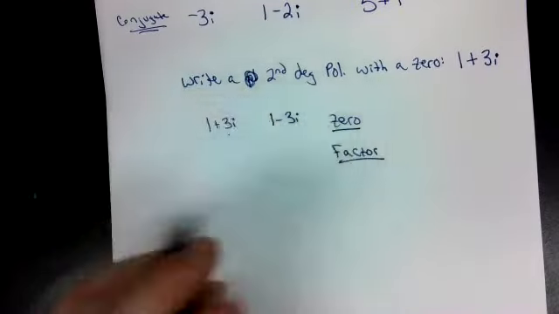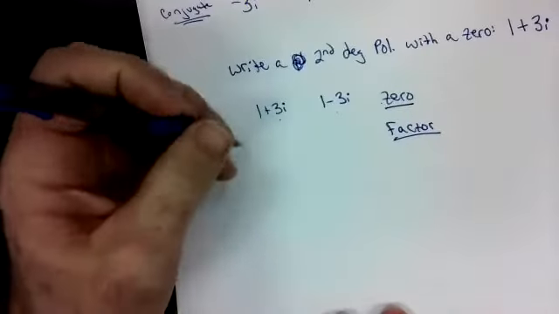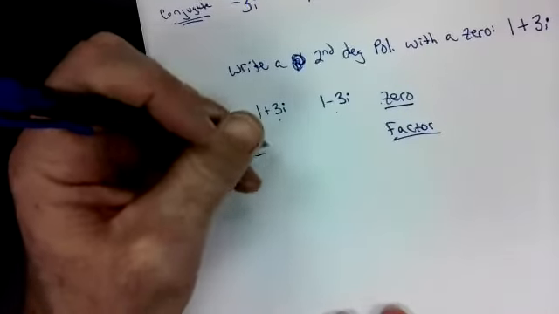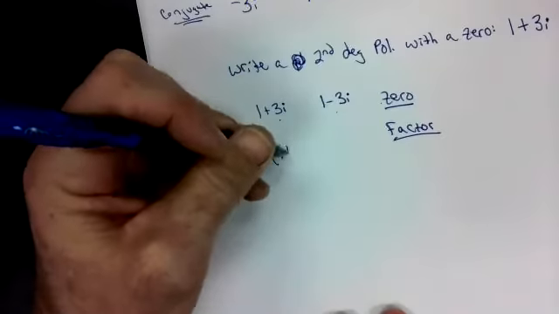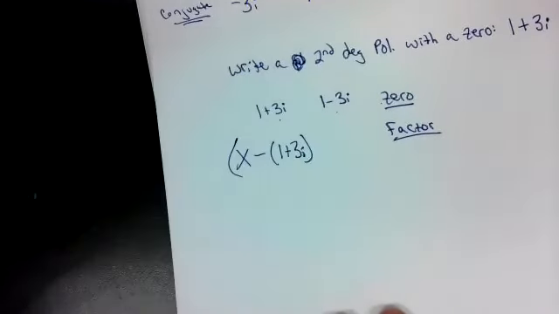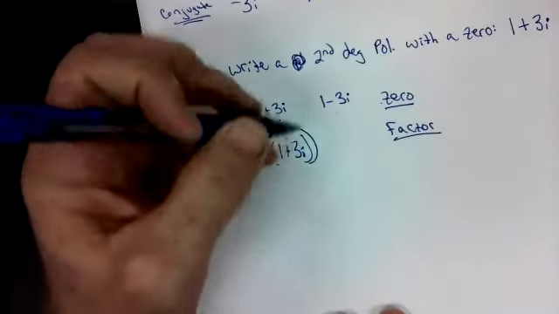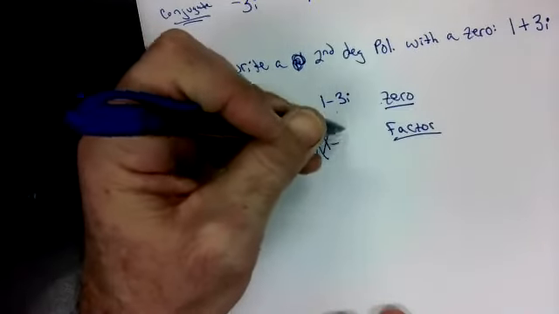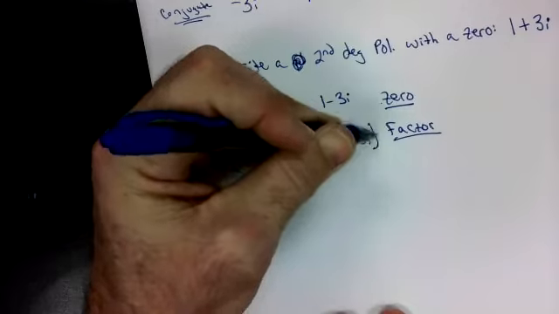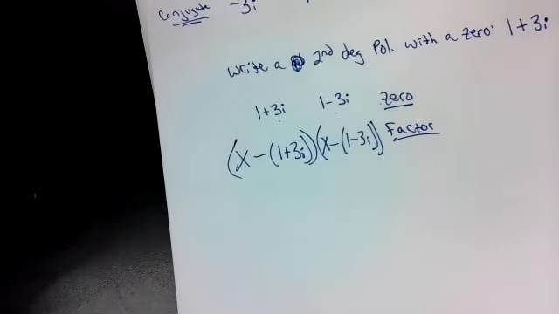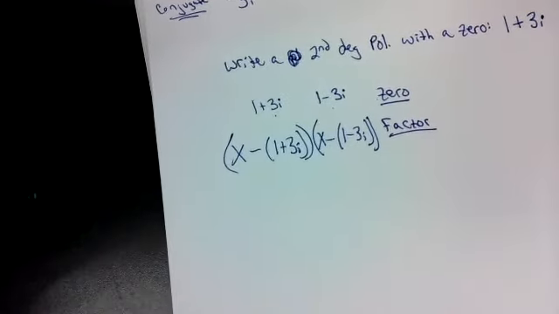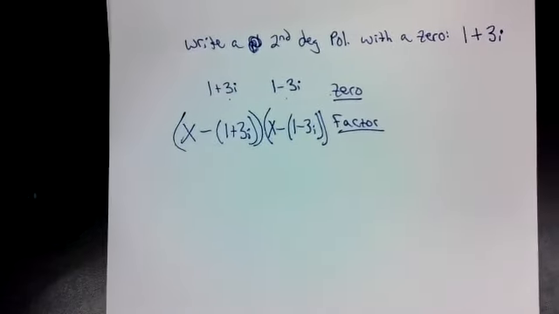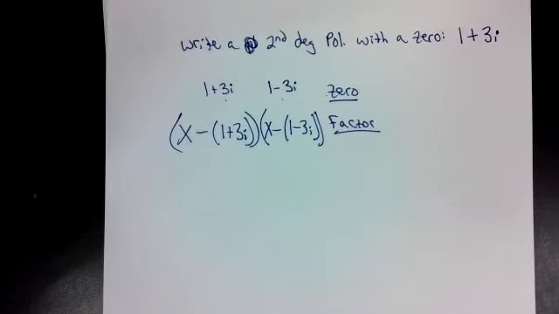And just like before, if these are my zeros, step one is to rewrite them as factors. So my factors are x minus 1 plus 3i and x minus 1 minus 3i. And again, that's almost exactly like what we did with the rationals.